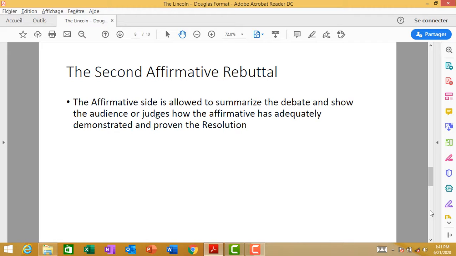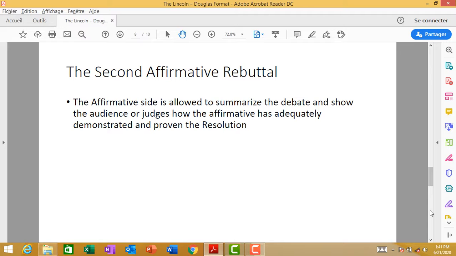So let's just look at what it looks like. Here, the affirmative side is summarizing the debate and showing the audience or the judges how the affirmative has adequately demonstrated and proven the resolution.